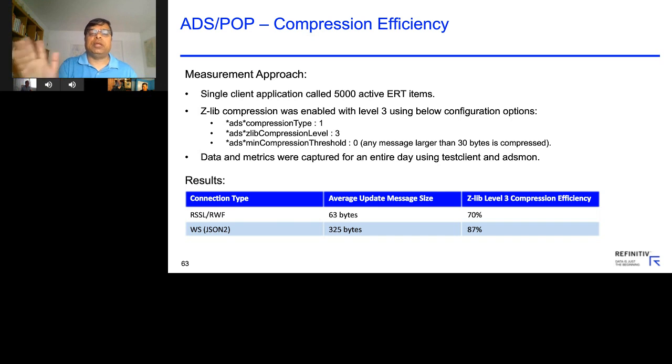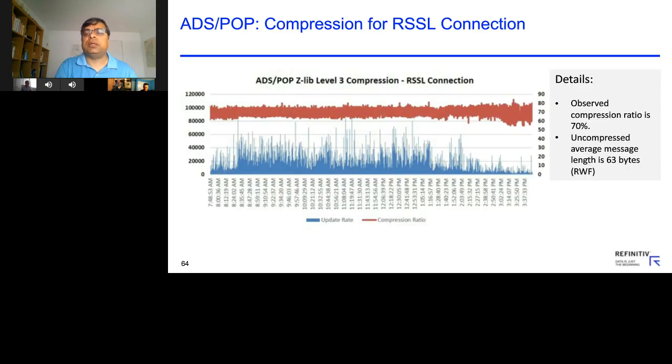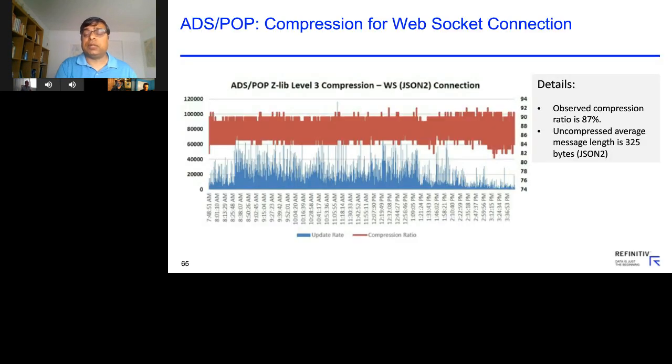Then I plotted the update rates and the compression efficiency for a length of time. So that's the approach to do the compression tests. If I manage to do the LZ4 by next week, I will include that also in the result. If not, I think I will stick to the zlib level 3.